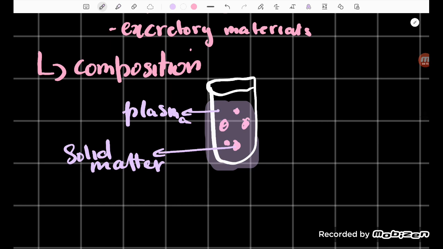It also contains a few inorganic salts and substances like glucose.